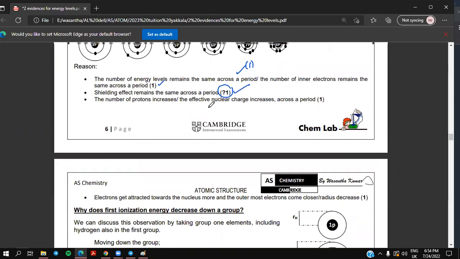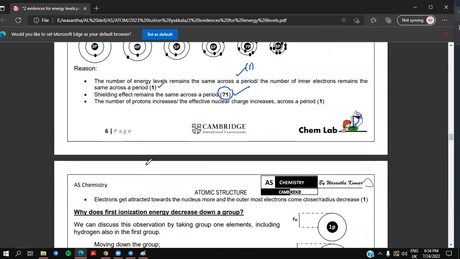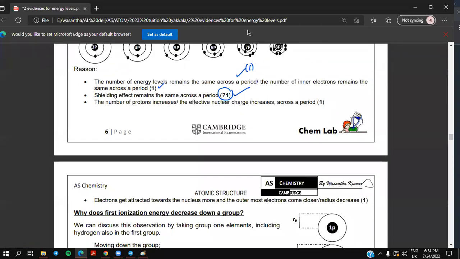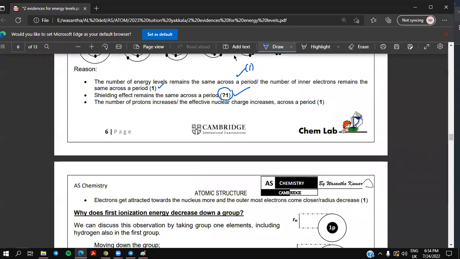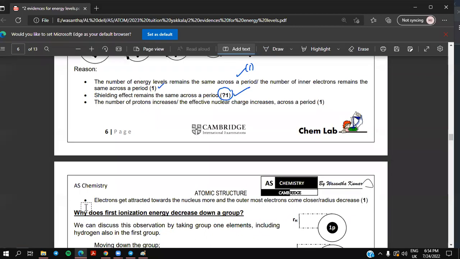Actually here, you had to insert one more point. Electrons get attracted towards the nucleus more and the outermost electrons come closer. And one small sentence has to be written. Shall we write the sentence for that? Write the 4th point or 5th point here.